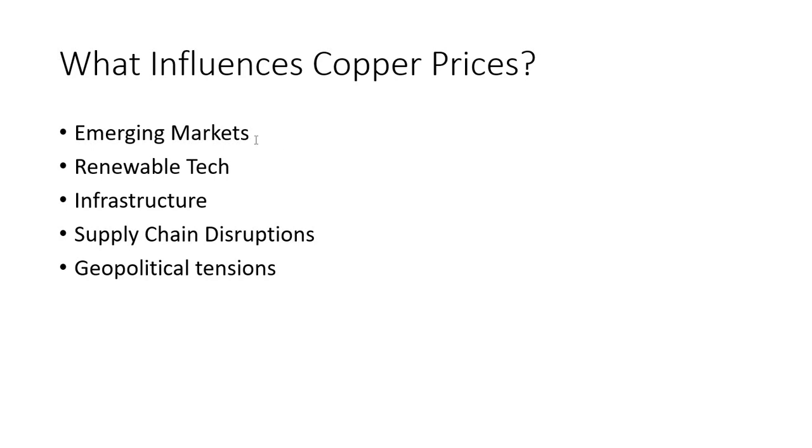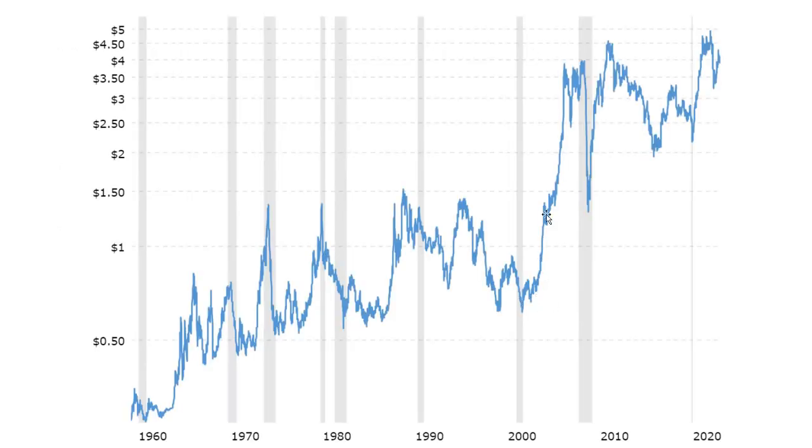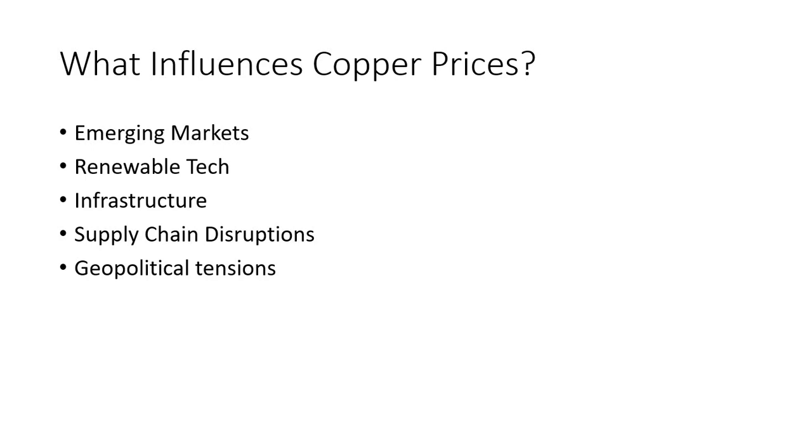So if emerging markets are doing well like they were in that 2008 period, it really could help the copper prices to accelerate as they did. That's when the emerging markets were all over the news. BRICS, whatever was invented. That period there, you obviously see copper going from 75 cents to $4. So that would have been a good time to invest in copper.